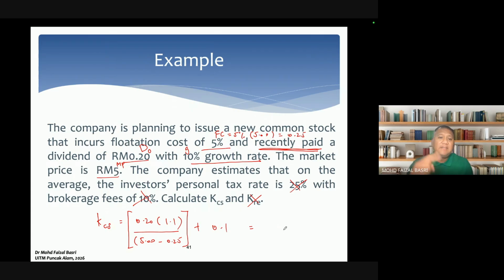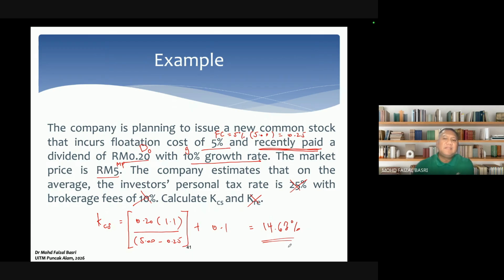So 22 cents is D1, divided by 5 ringgit minus 25 cents. Okay, and then we add 0.1, and you can times 100 to convert into percentage, and it becomes 14.63%. And that will be our cost of the common stock.